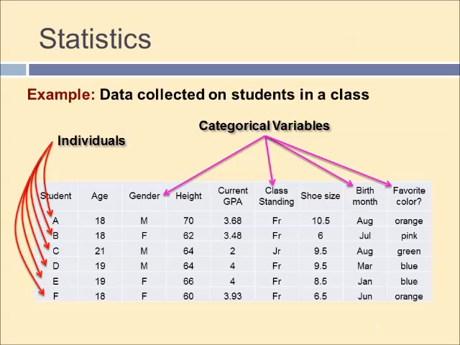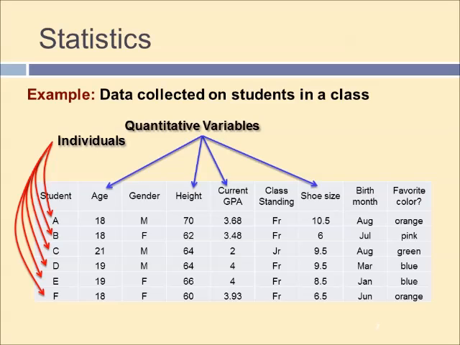The categorical variables are gender, class standing, birth month, and favorite color. These can be classified into categories, but there is no meaningful numerical average or anything like that. The quantitative variables, in this case, are age, height, current GPA, and shoe size.